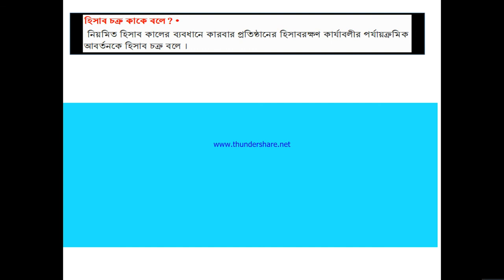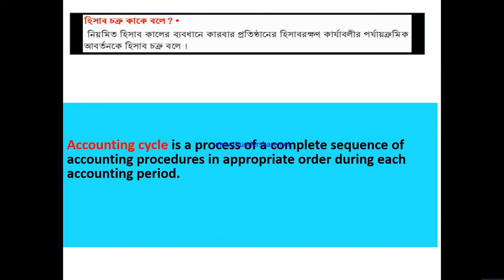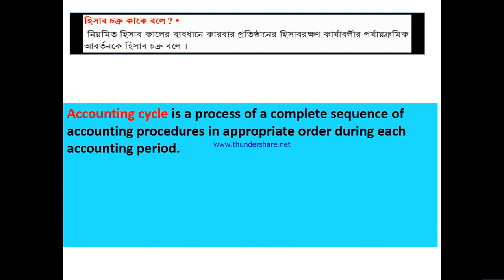Now it is time to understand the definition of accounting cycle. Accounting cycle is a process of a complete sequence of accounting procedure in appropriate order during each accounting period.